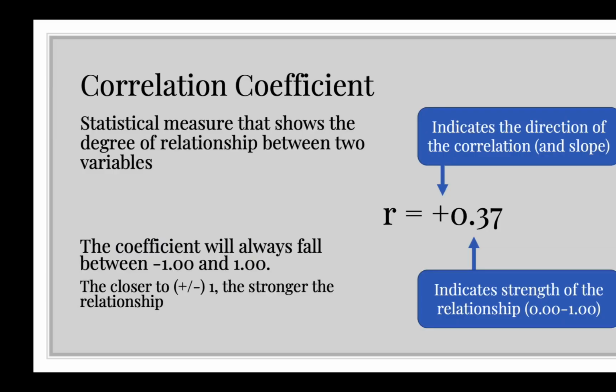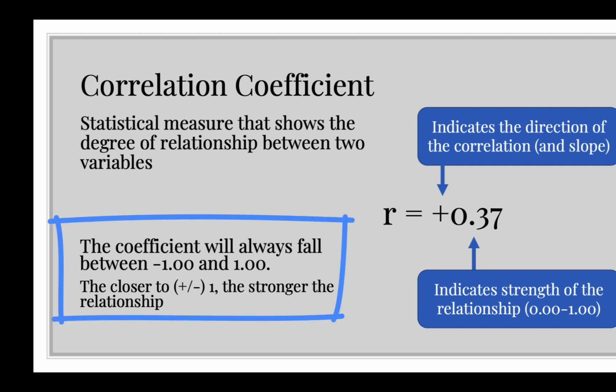The positive or -1 or even the 0 are all super important because your variables will always be between the two numbers of -1 and +1. Again, this is going to fall where the correlation coefficient would be.